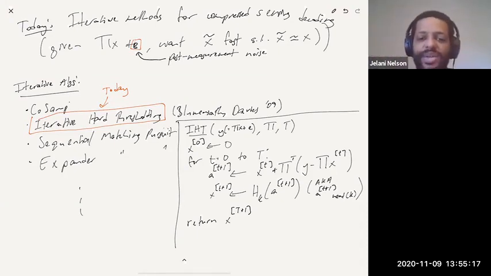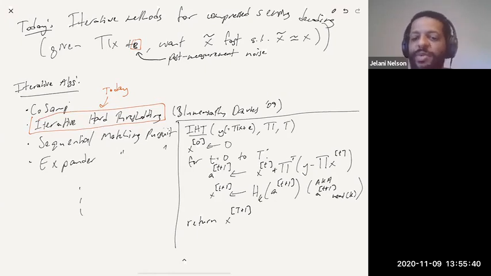So if you look at this code, what is it saying? Look at y. Ignore the e for now. e is this post-measurement noise. Forget about that. y is Πx. So Π transpose y is Π transpose Π x. Π transpose Π x is supposed to be roughly x because Π transpose Π is supposed to be the identity.